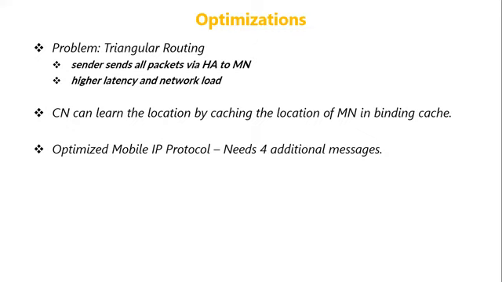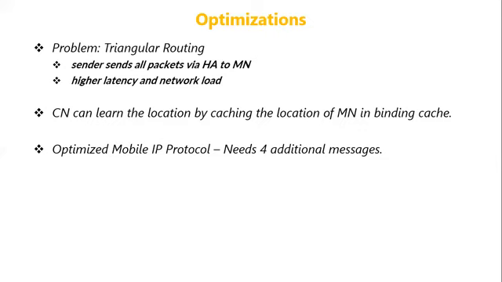The CN is the correspondent node. Whichever node is trying to communicate with the mobile node is called a CN. So the CN can learn the current location of the mobile node by caching it in a binding cache, which is a part of the local routing table of the CN.